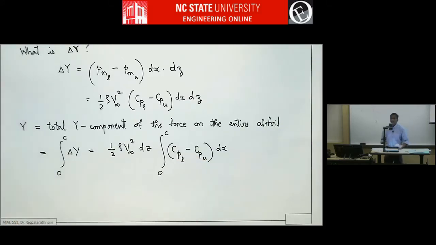Right? dz is the spanwise width, which makes sense to have the same for all the panels, so you can take it out of the integral. And so you get this, CPL and CPU will vary along the chord, and so that's what you get.